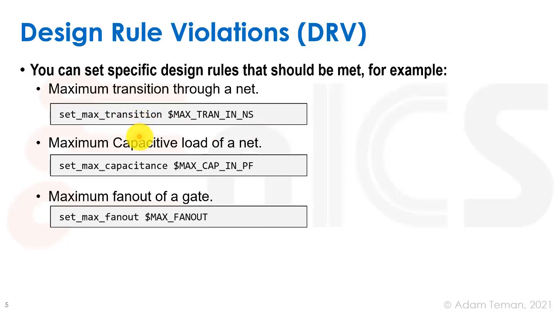We have actual max transition, max capacitance, max fan out, maybe max insertion delay and so forth, that are defined for the clock nets, and they're probably going to be harsher than the ones for the signal nets. They're going to be taken into consideration during the clock tree synthesis, not during static timing analysis. So they're a different set of commands, but they're the same types of DRVs.